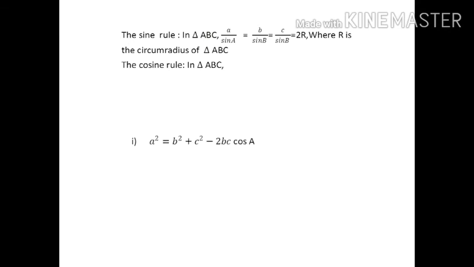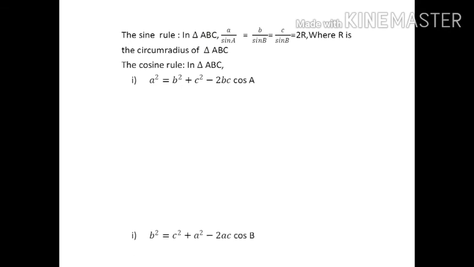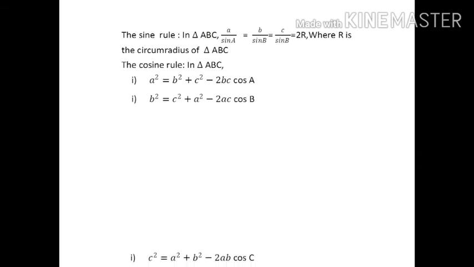Also the cosine rule: a square is equal to b square plus c square minus 2bc cos A, b square is equal to c square plus a square minus 2ac cos B, c square is equal to a square plus b square minus 2ab cos C.